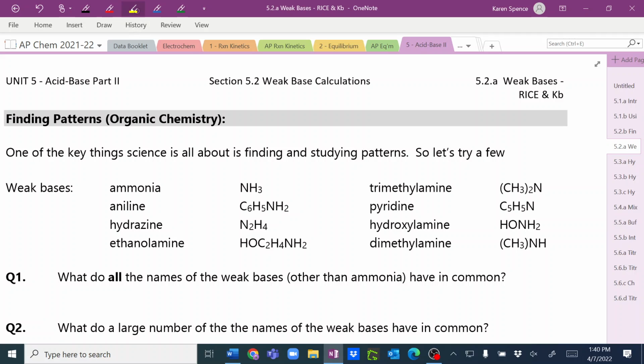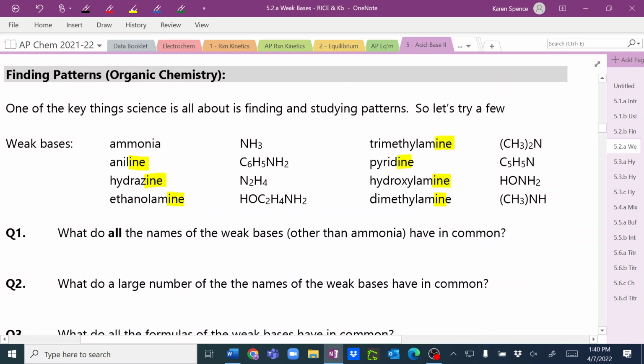They all end in, it actually is pronounced "ene," but yes. Okay, it looks like "ein," but it's pronounced "ene." Okay, so we have aniline, hydrazine, ethanolamine, trimethylamine, pyridine, hydroxylamine, dimethylamine.